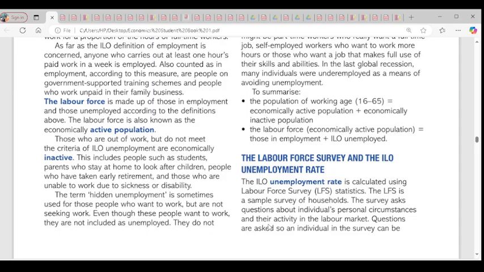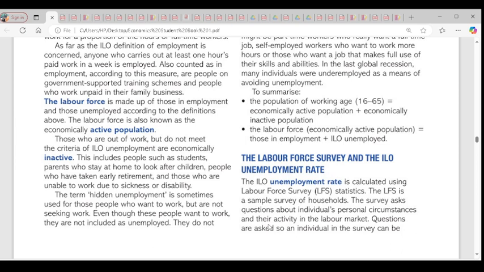Some people will not even look for a job, or they look for a day or two and stop. They got discouraged. We cannot say they are unemployed because they stopped. But in as much as you have sought employment for the last 4 weeks and you are willing to work in the next 2 weeks, then you are unemployed. Is the point clear? Yes. Any question about that? No.